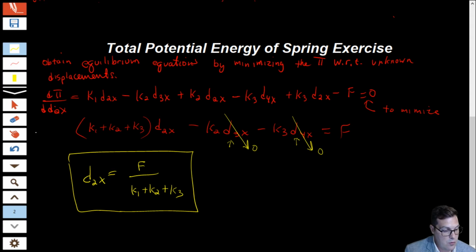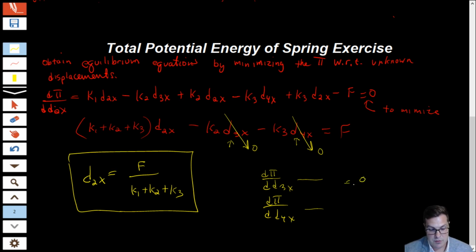So we would write d pi d d3x, d pi d d4x, and we'd have those if they were unknown, and we would set those equal to 0, and that would give us a system of equations which we could then solve. In this case, we're just keeping it easy for demonstration purposes, but we'll look at more complicated cases as we go along. So that wraps that aspect up. Let's move on now.